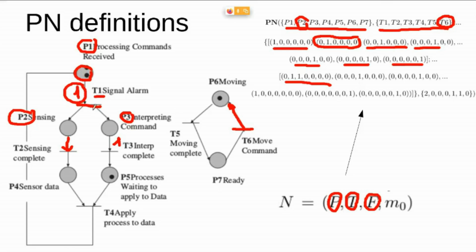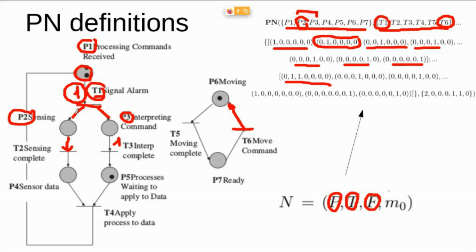So let's go now for transition number 1 here, signal alarm. Transition 1 is connected both to P2 and P3. That's why for P1 there is a 0, and for P2 and P3 we have both 1s, because we have no specific weight in here and no specific weight in here.